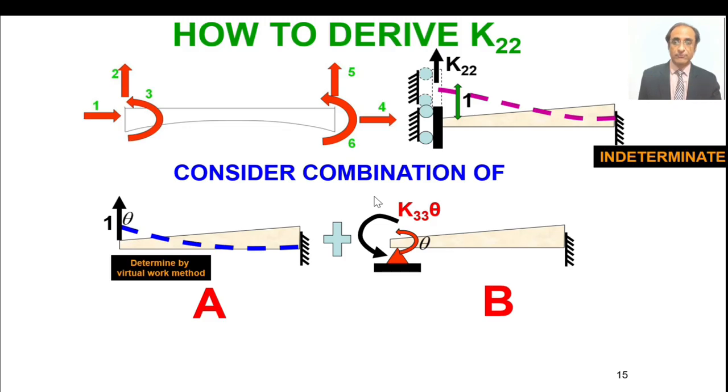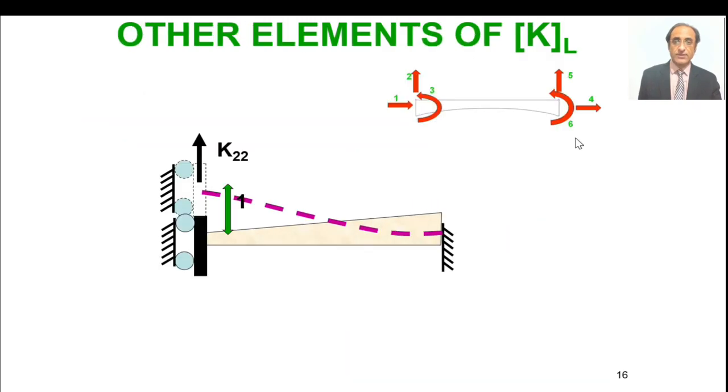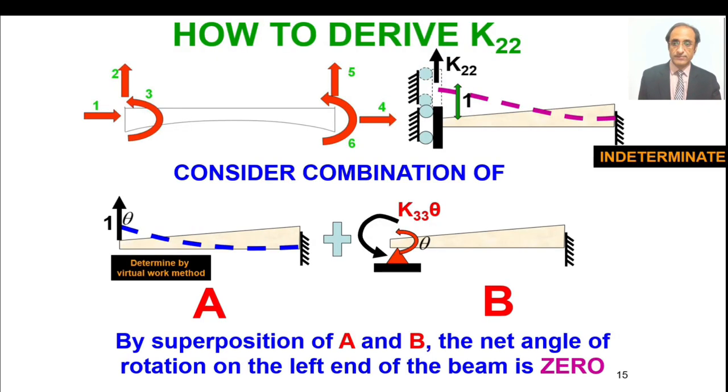So what we have found is that by superposition of A and B, the net angle of rotation at the left end is 0 and the beam has undergone the translation in this fashion. So it has undergone this kind of profile which we want.